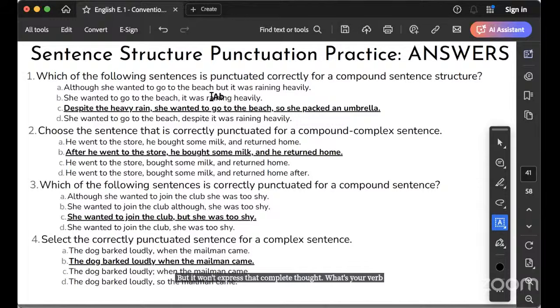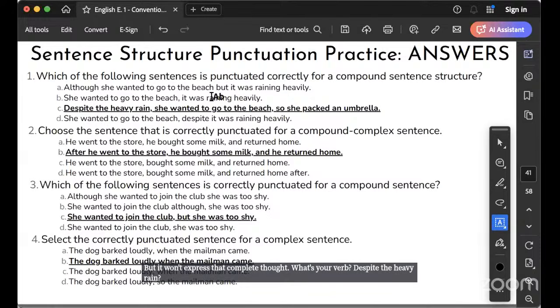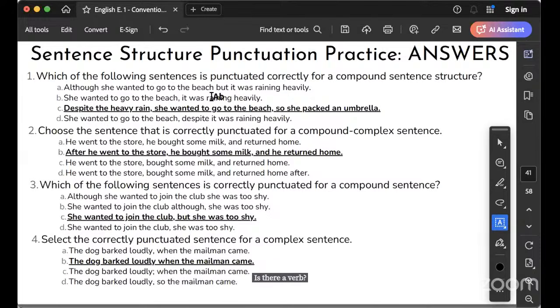Despite the heavy rain. Is there a verb? You've got a subject, rain, but what's the verb? What's the rain doing? You don't have a verb, so it's not a clause.